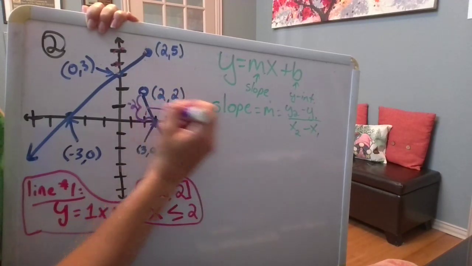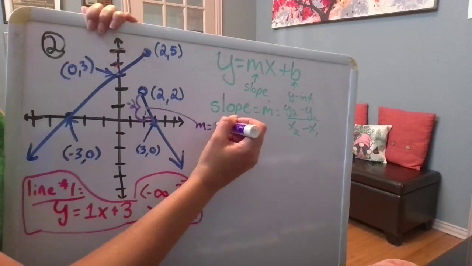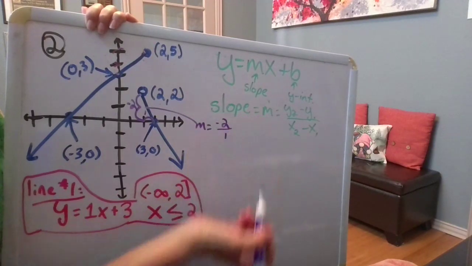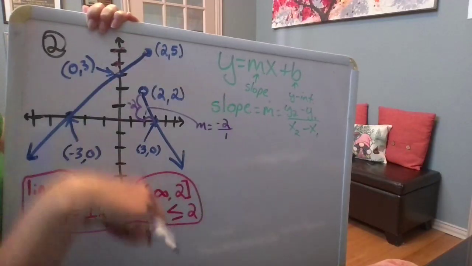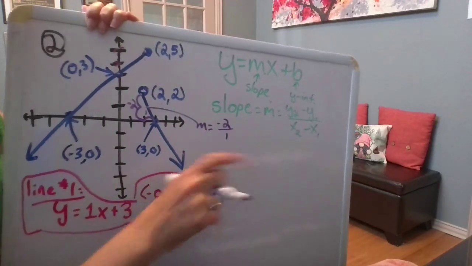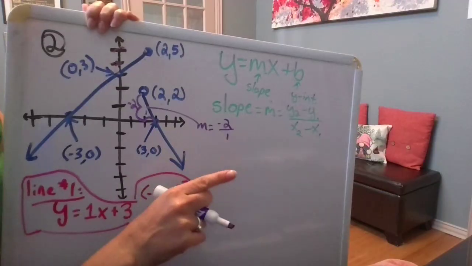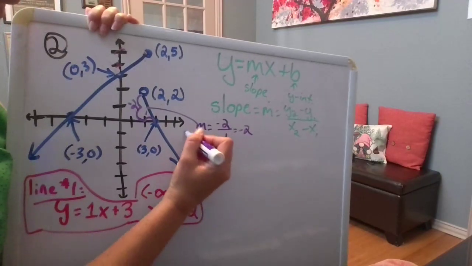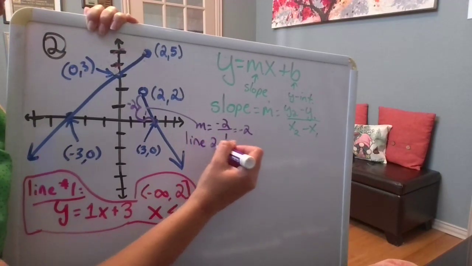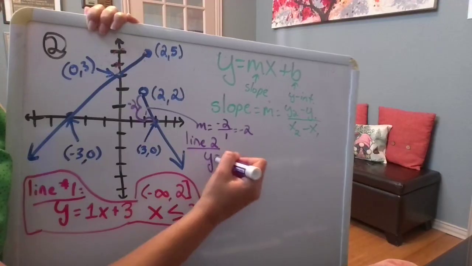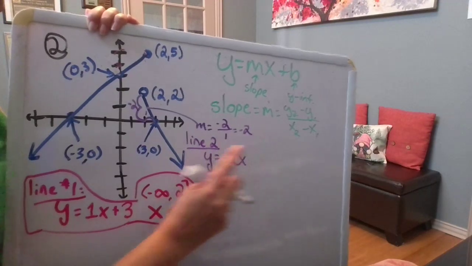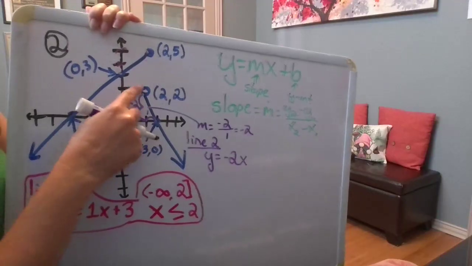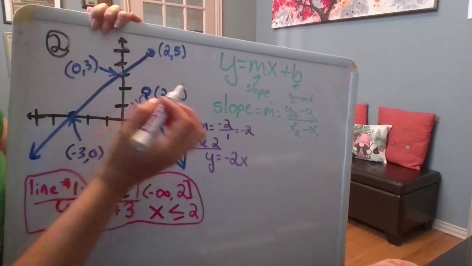So that means my slope, my m, is down 2 over 1, because the rise went down 2 and it went right 1. We always go right. It's the right thing to do. So for my line 2, I have y equals -2x, and then there's no y-intercept on this line.